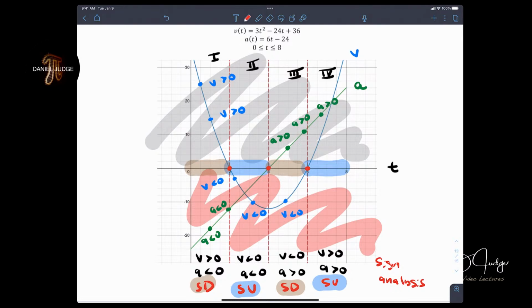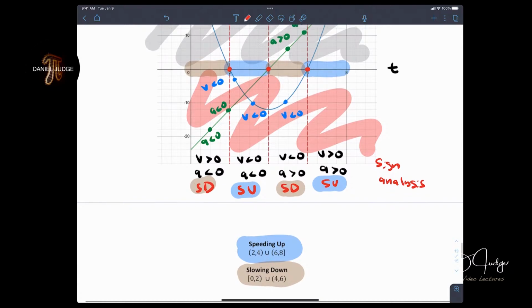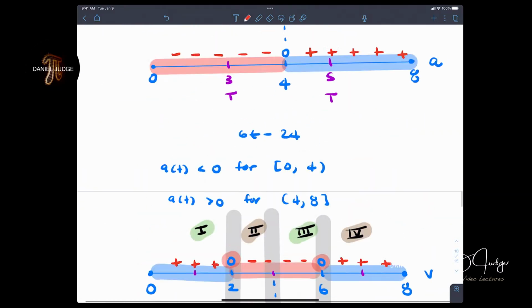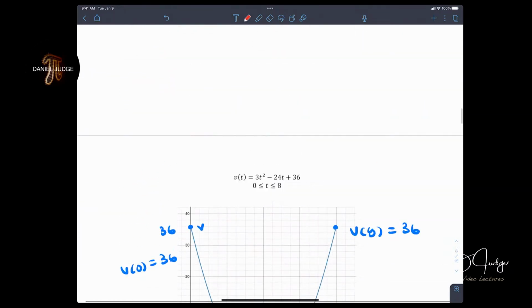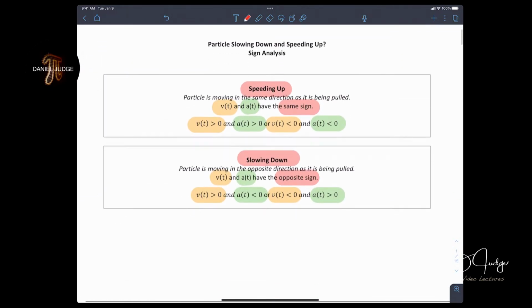If they're both above the t-axis at the same time or both below the t-axis, that particle is speeding up. If it's opposite, the particle is slowing down. And that's the conclusion there. That was using the concepts and ideas that we talked about originally, about slowing down and speeding up, ladies and gentlemen.